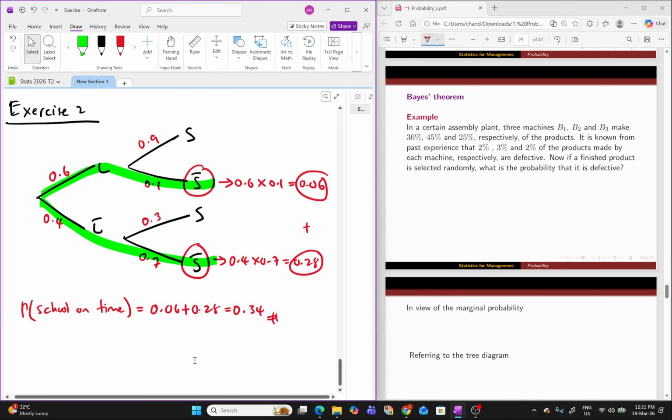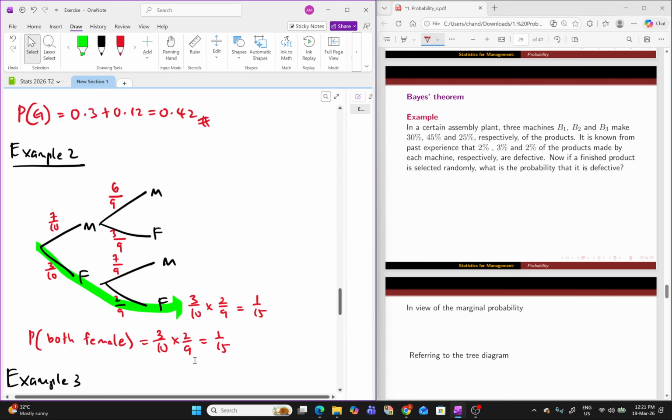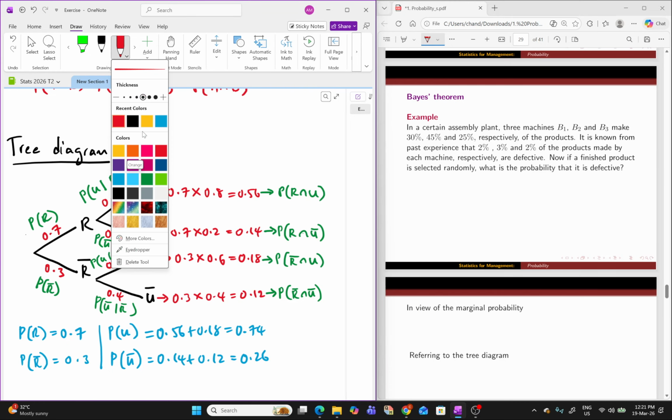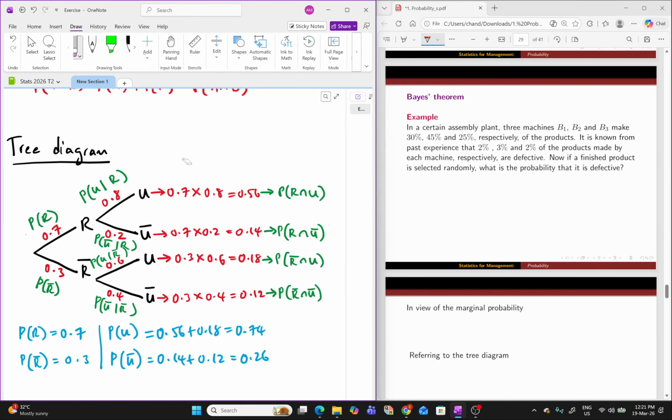Before we go to Bayes' theorem, I would like to show the tree diagram here. If you notice, we found the single probability, which I call a kind of marginal probability, a basic probability.